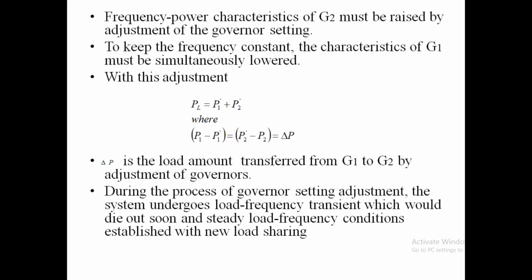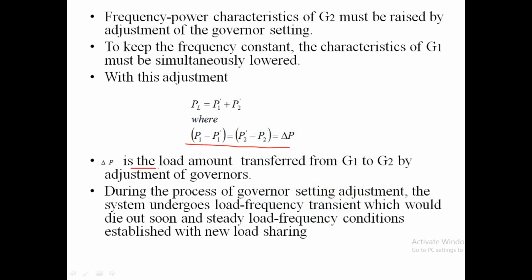Then only the same balance can be kept. That is PL equal to P1 dash plus P2 dash. Now the difference will be equal: P1 minus P1 dash equal to P2 dash minus P2 equal to delta P.